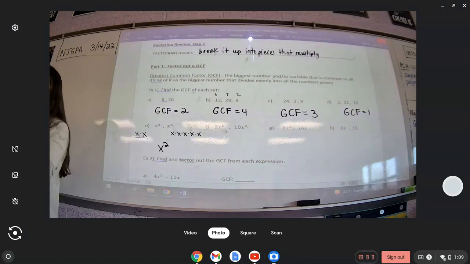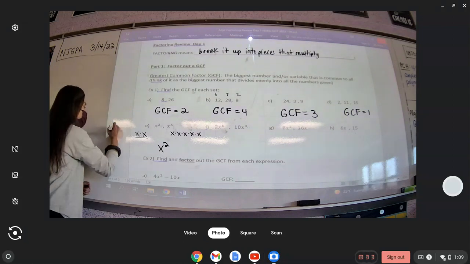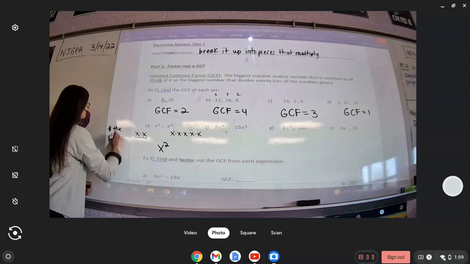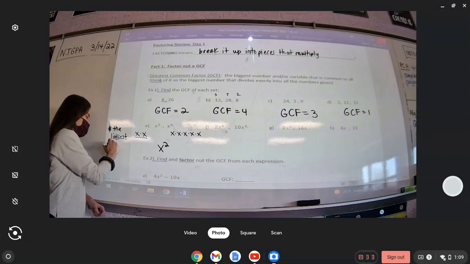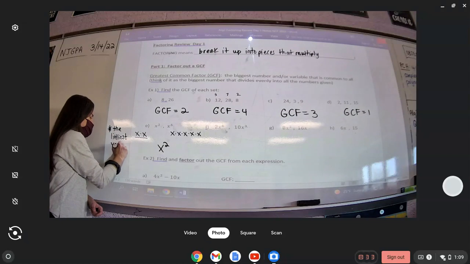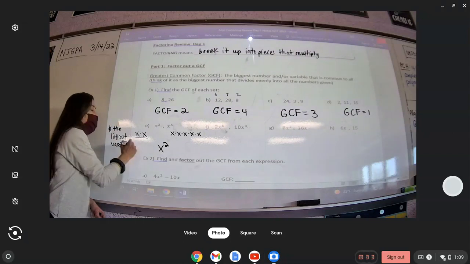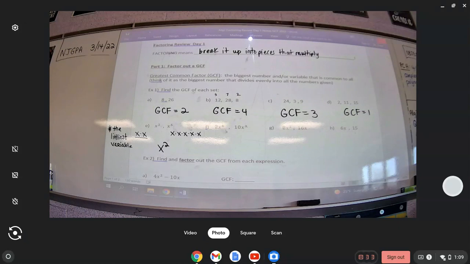These are exponents, they're not numbers. So you're trying to think about how many x's they have in common. So again, it's always the smallest variable. I know I should probably say smallest. No matter how many times I say that, students are still saying the wrong answer. It is the smallest variable there.